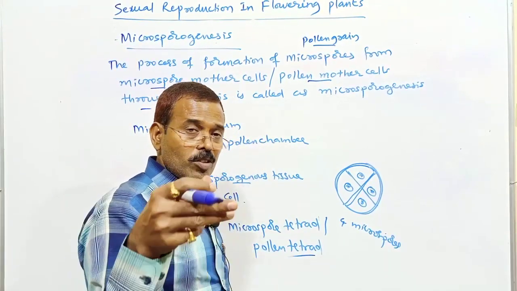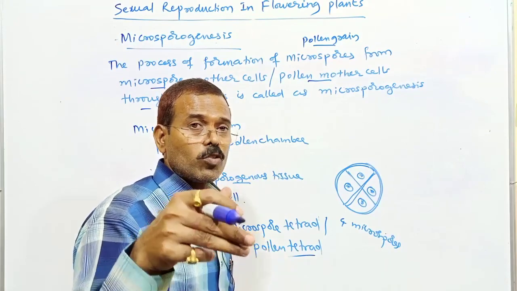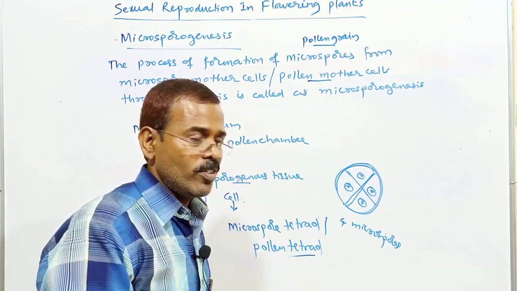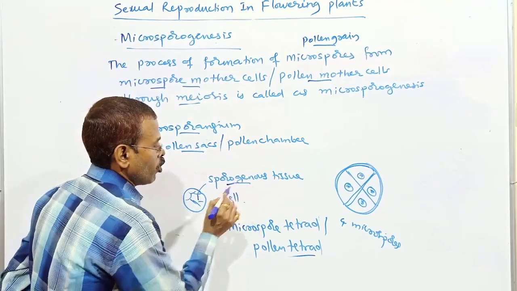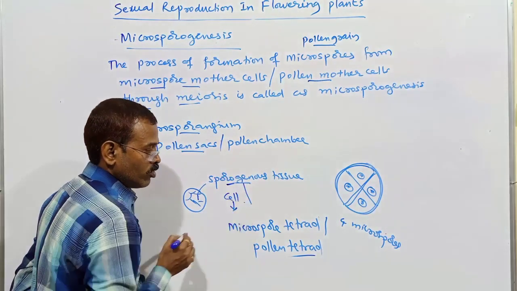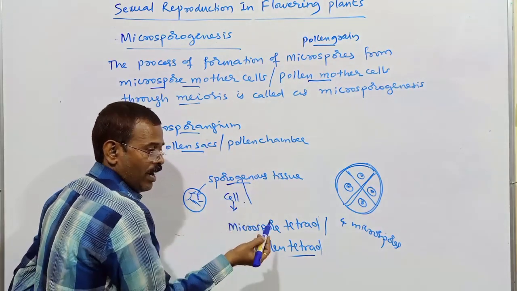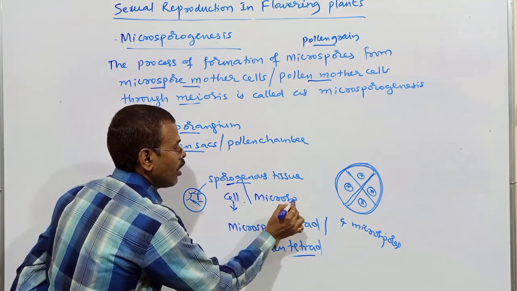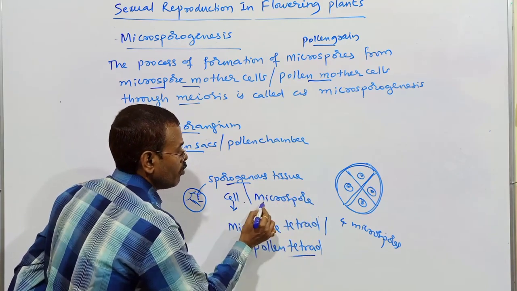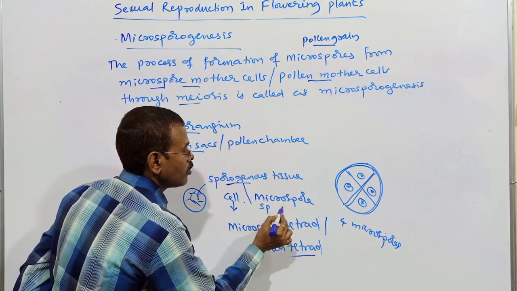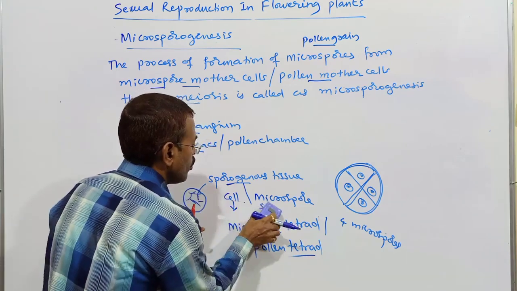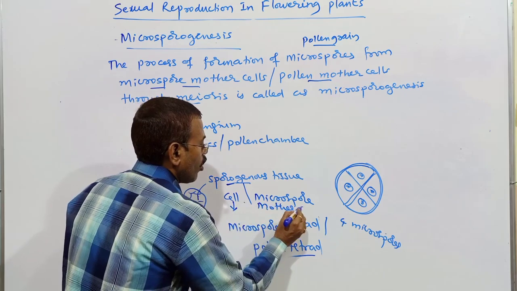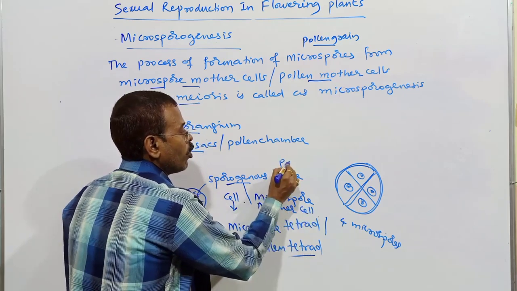So these pollen tetrad or microspore tetrad will be produced within the microsporangium by the activity of this sporogenous tissue. This sporogenous tissue can transform as microspore mother cell, or you call it pollen mother cell.